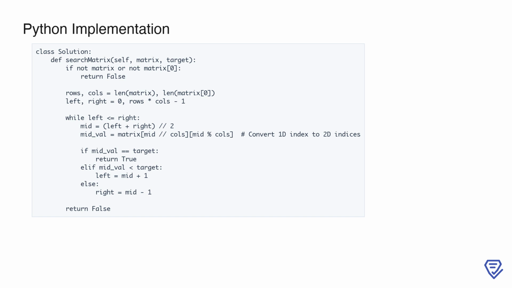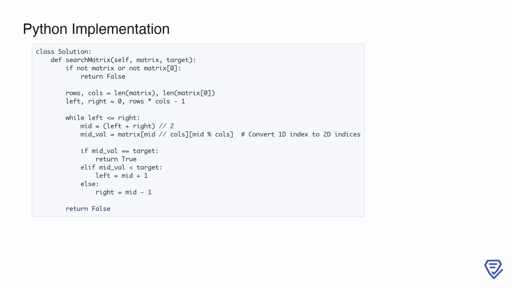The matrix is conceptually treated as a 1D array for binary search, with the middle index mid computed as (left + right) // 2. The matrix's 2D indices are derived using mid // cols for the row and mid % cols for the column. The value at this position, mid_val, is compared to the target. If mid_val matches the target, we return true.